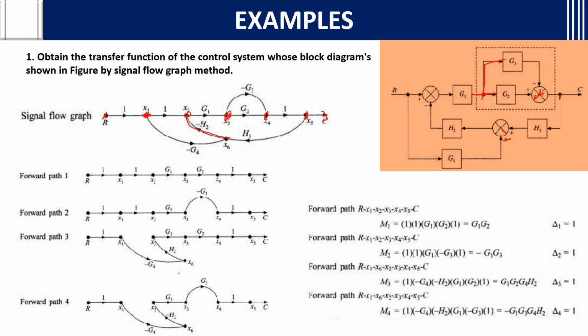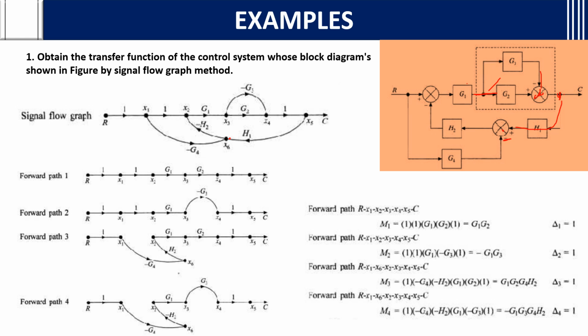This is x2, this is x3. From this x3 there is one more, G3 with minus sign, and this is x4. From x4 to the final point there is no gain, so it is mentioned as 1. This x5 point is connected to H1 to this x6 point, so plus H1. So we are now done with the block diagram to signal flow graph conversion.